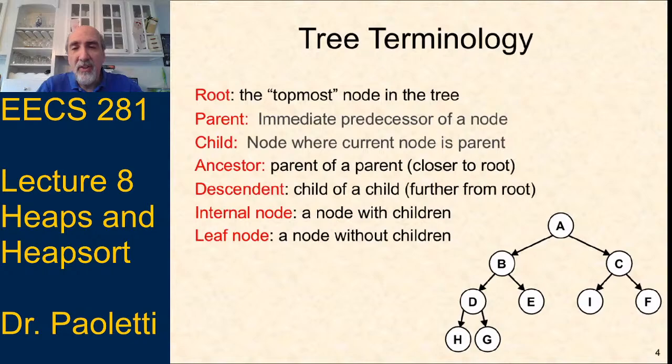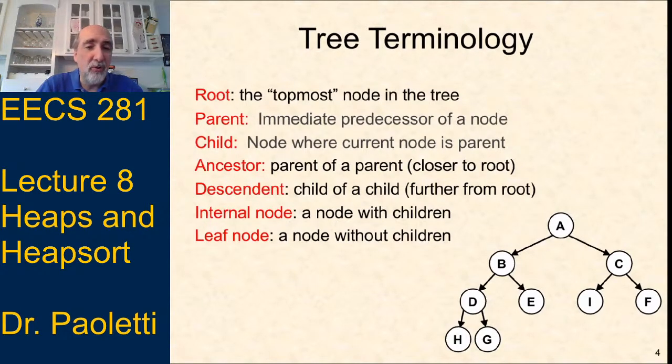So the root is this topmost node in the tree. A parent is the predecessor of a node. A child is a node where this node is the parent, so further down in the tree along a path. And also an ancestor or a descendant. An ancestor is a parent of a parent, someone closer to the root following a path upwards.